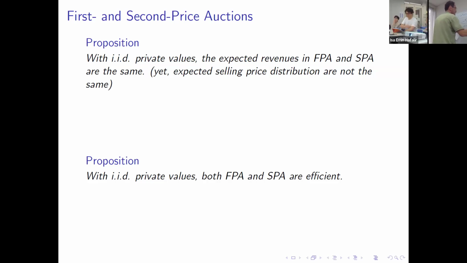Since I'm looking for a symmetric equilibrium, I am interested in the third highest, which means if I am the highest, the second highest of my opponents, right? So I am higher than the highest of my opponents, and I'm interested in the second highest among my opponents.